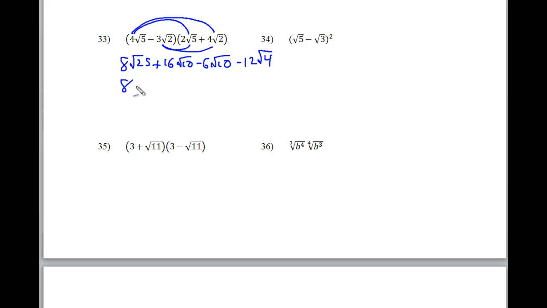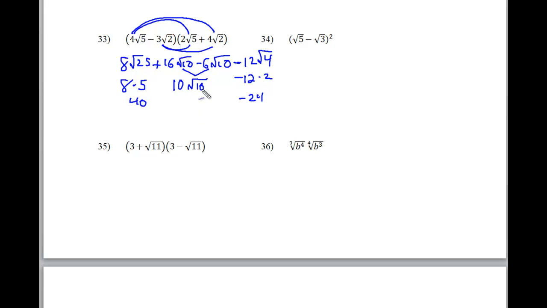Now 8 times the square root of 25 is the same thing as saying 8 times 5, which is 40. The negative 12 square root of 4 is the same thing as saying negative 12 times 2, so this is negative 24. We'll be putting these two numbers together. These middle two terms, 16 minus 6 is 10, square root of 10.